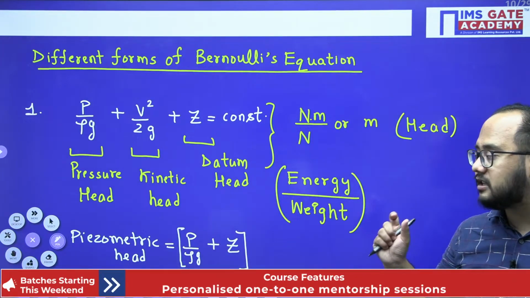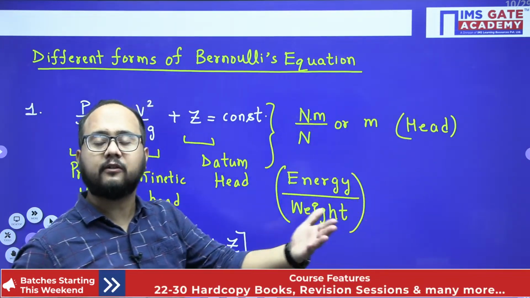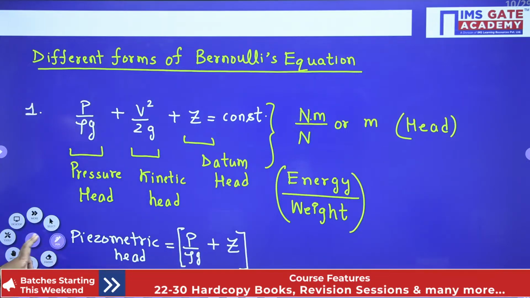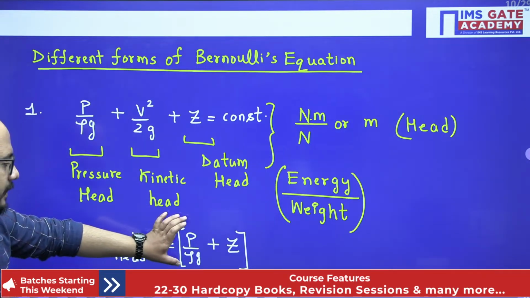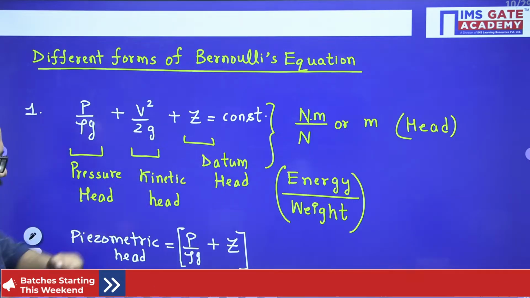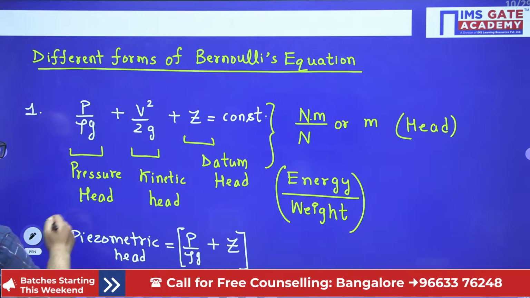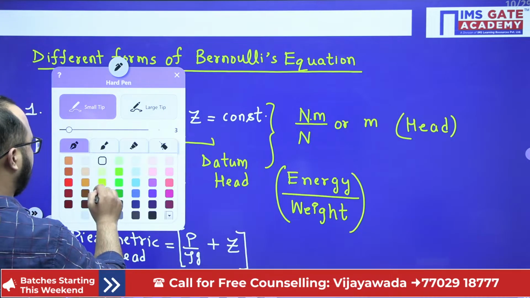This piezometric head becomes very important in upcoming chapters like flow through pipes, right? So summation of static pressure head plus datum head, correct? Okay, next thing. So mention here the static pressure head also, otherwise you will be having a doubt.